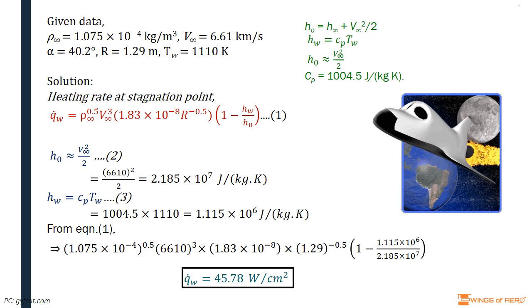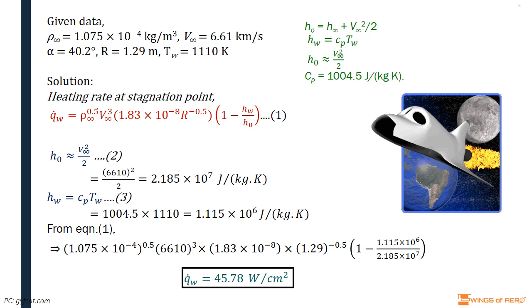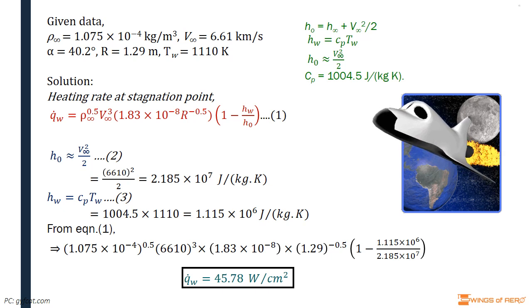Angle of attack of the shuttle on its entry trajectory alpha is 40.2 degrees. At this point, nose radius r is 1.29 meter. Wall temperature T_W is 1110 Kelvin. Now, the question is, what is the stagnation point heating rate?